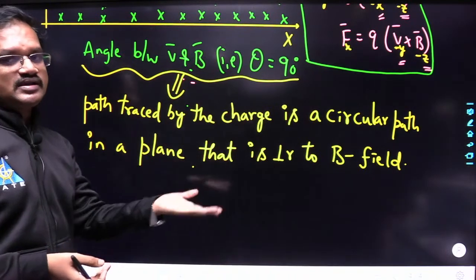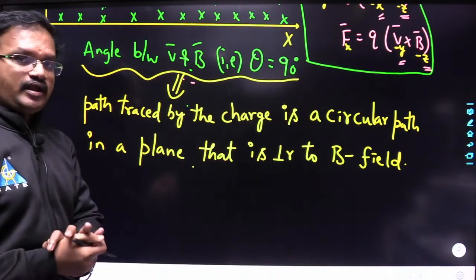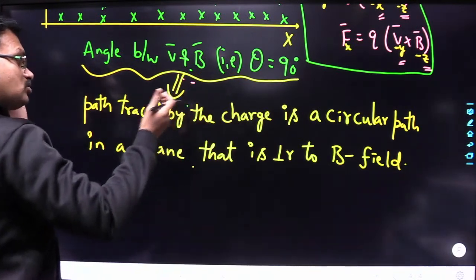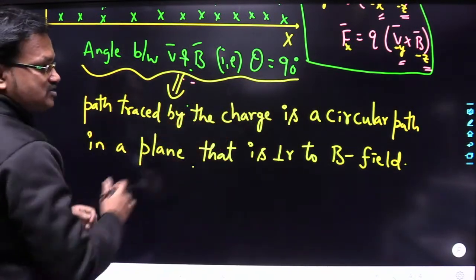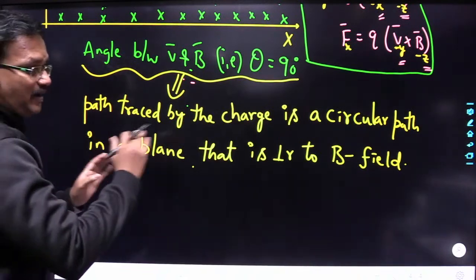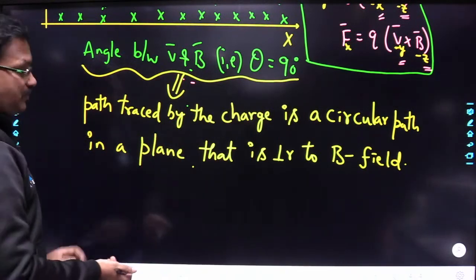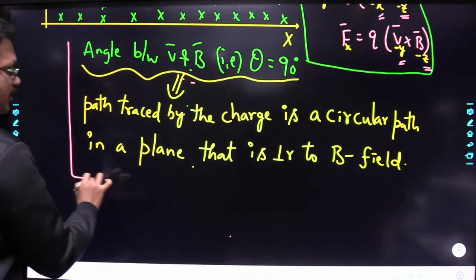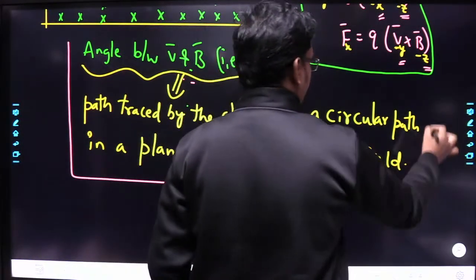Understood? It may be plus X or minus X, it doesn't matter. But whenever the angle between V bar and B bar is 90 degrees, the path traced by the charge is a circular path in a plane perpendicular to the B field. This is the conclusion we can draw here.